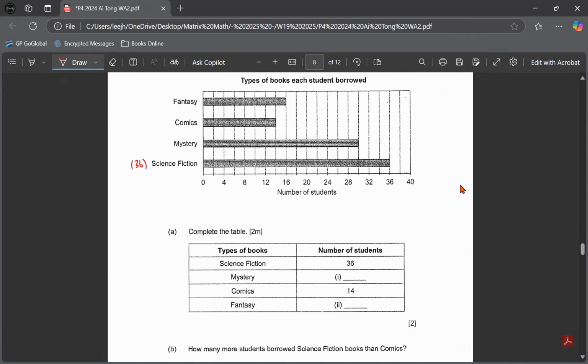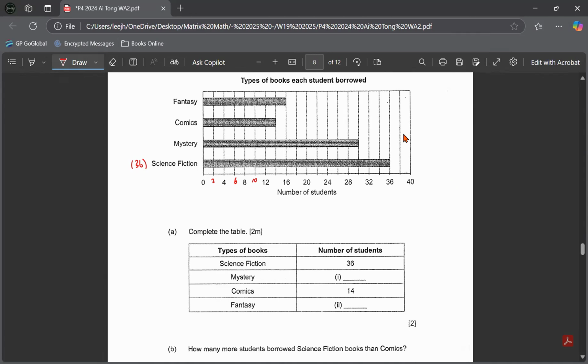But we don't have for mystery. Mystery is how many? If you look at from 0 to 4, there is one mark in the middle, which means this is 2. So 2, 4, 6, 8, 10, 12, and so on. So these are all even numbers already, right? So mystery is here, which is 28. Then what about this one?